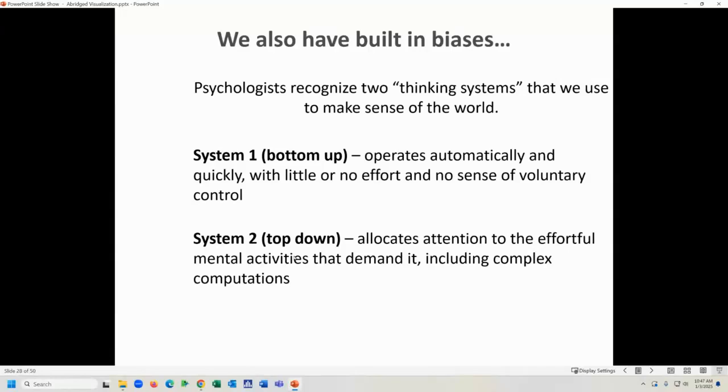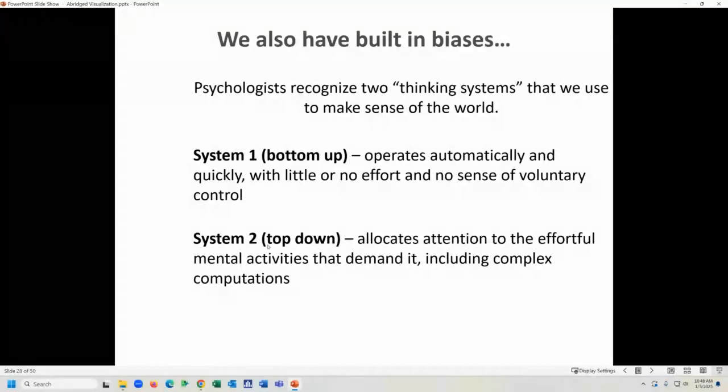So system one is absolutely critical for life, but it actually doesn't work very well for data analysis because we didn't, as humans, evolve to do data analysis. That requires an effortful use of the brain. So that's system two thinking.